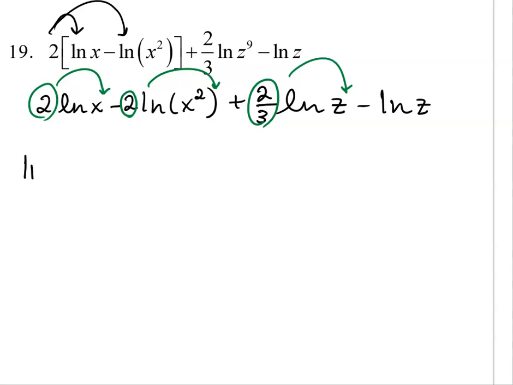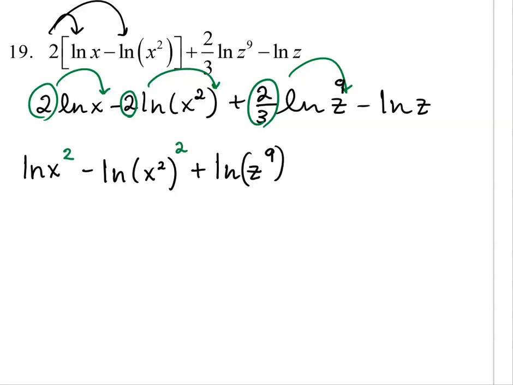So we have a natural log of x with an exponent of 2 on it. And then from there we are subtracting a natural log of x squared with an exponent of 2 on it. And we're adding a natural log of z to the 9th with an exponent of 2/3 on it.